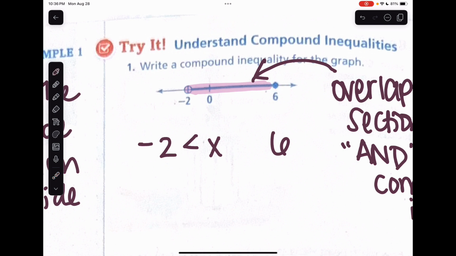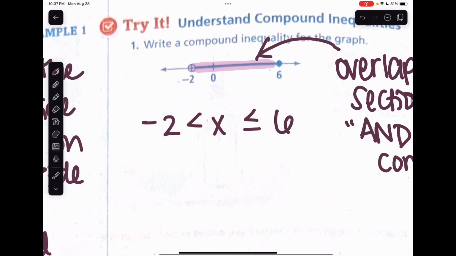If I have a closed circle, I'm going to have the or equal to part of my inequality. And my X is whatever's overlapping, so X is going to be anything less than the 6. If it's less than, the pointed part of the arrow needs to be pointing to the smaller number, which is X. So this is what I actually have.